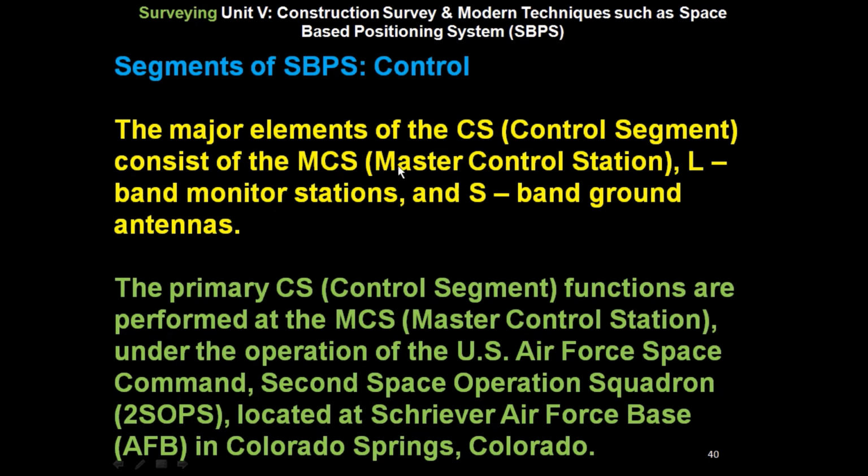The major elements of the CS, that is control segment, consist of the MCS, that is master control station, L-band monitor stations, and S-band ground antennas. The primary CS functions are performed by the MCS under the operation of the United States, that is US, Air Force Space Command, 2nd Space Operations Squadron, that is 2 SOPS, located at Schriever Air Force Base, that is AFB, in Colorado Springs, Colorado.